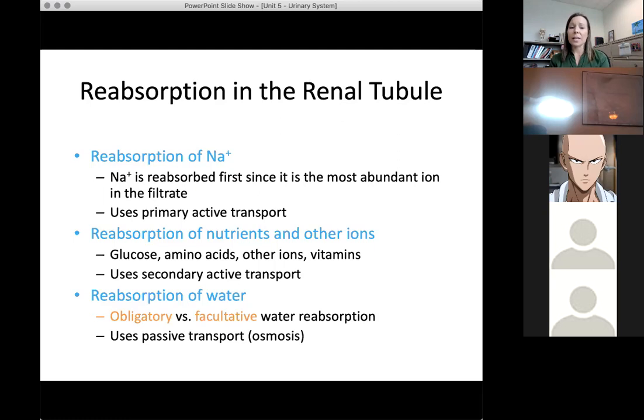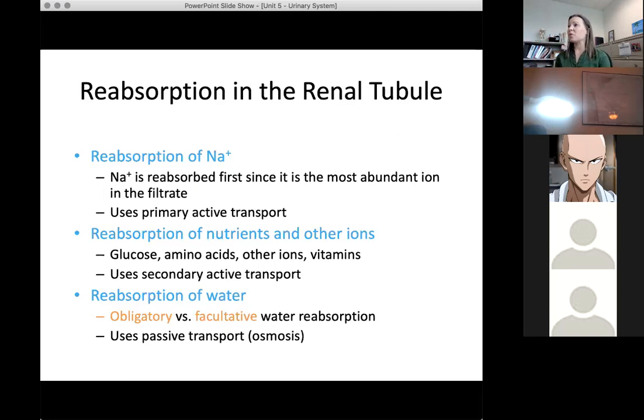Then there is facultative water reabsorption, and this is dependent upon hormones. There are several different hormones, which we actually just skipped over that section because I have the recorded lecture all about these hormones.